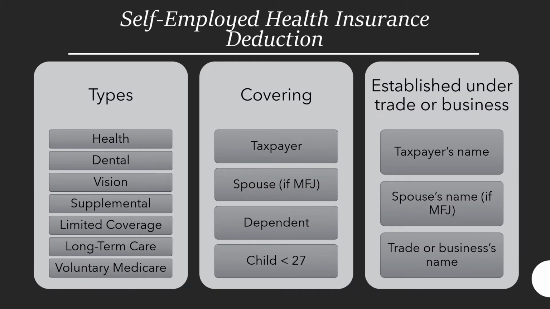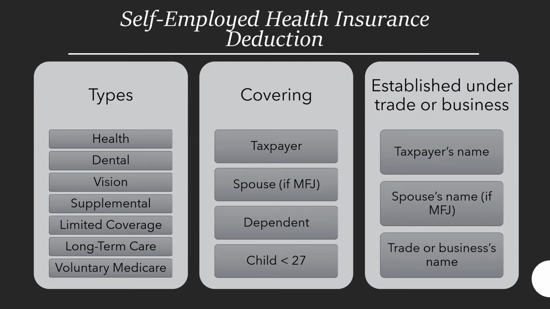And there are a few more rules regarding the self-employed health insurance deduction. We're limited on the types of insurance that can be claimed for this, and who it can cover, and then of course it has to be established under the trade or business, and we'll talk about that. So the types of insurance that qualify for this deduction would be regular old health insurance, dental insurance, vision.